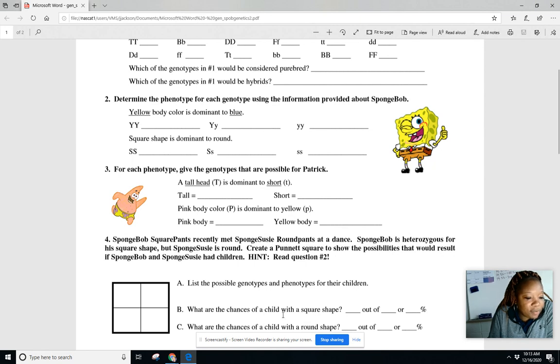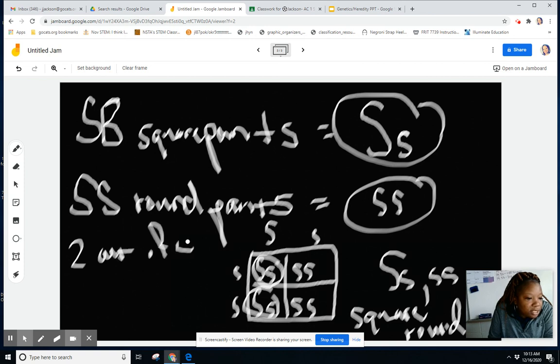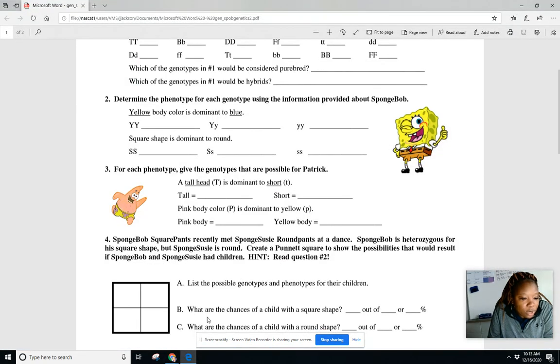What are the chances of a child with a square shape? Okay, let's go back to it. The chances of a child with a square shape, I only see 2 of them. So that's going to be 2 out of 4. And then it says, what are the chances of a child with a round shape?